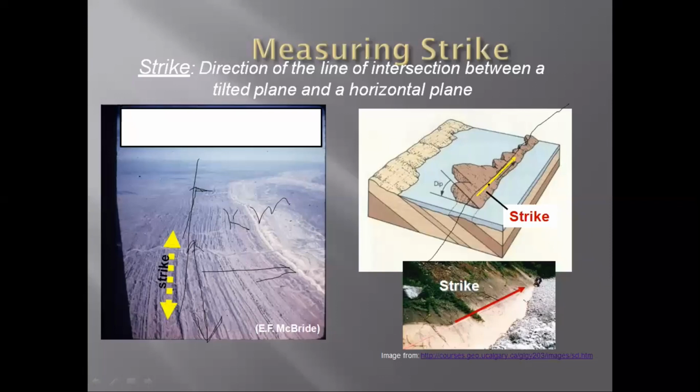If you start walking on this line, you will end up on the same line for hours and hours. So if you walk along the strike on the same rock layer, following it along the strike, you will end up finding the same rock. The rock type will not change.